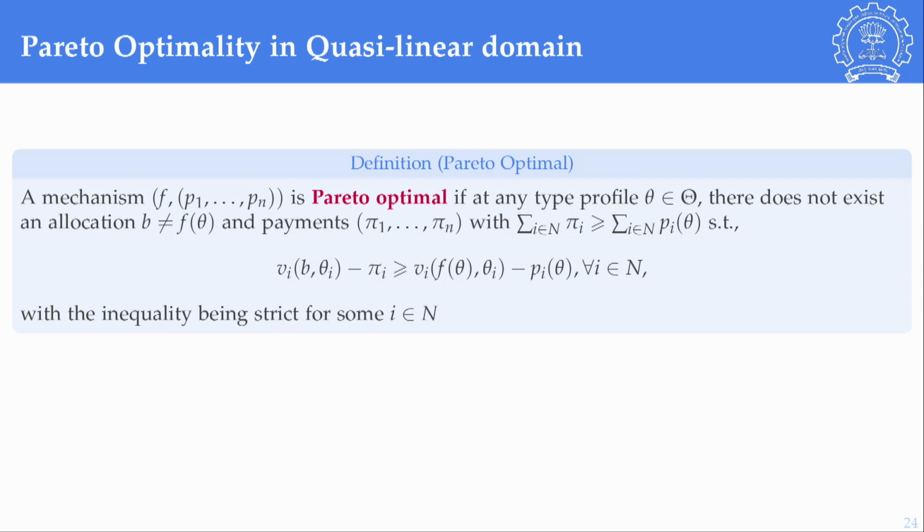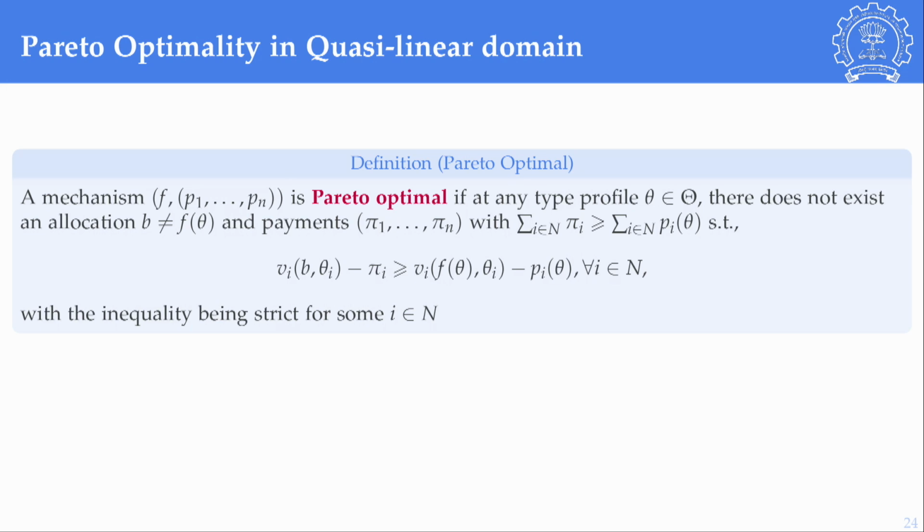we are going to say that a mechanism, this f and this p function, is Pareto optimal if at any type profile there does not exist any other allocation, and let us not worry about the payments part for now. So there does not exist any b which is not the same as the original outcome. You have, and you also have some payments without this guarantee.